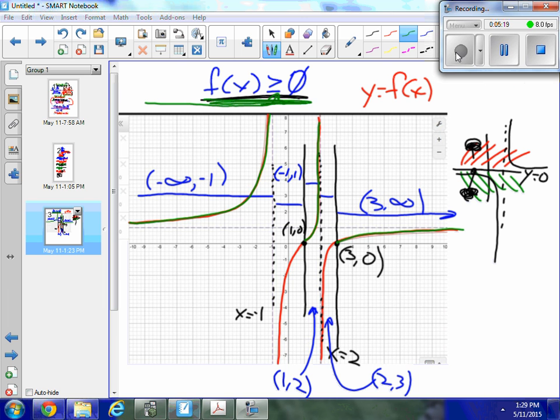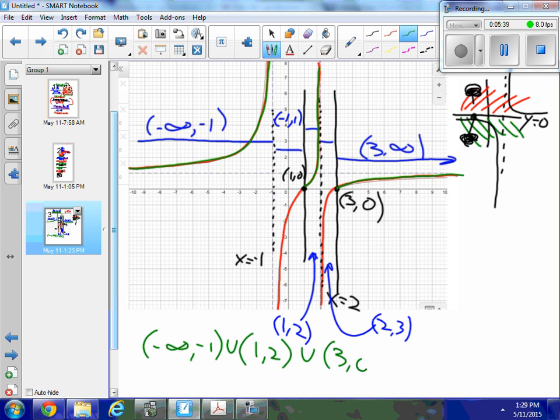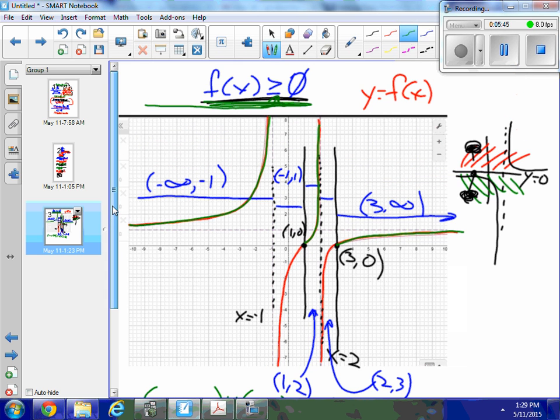So the answer to this problem is negative infinity to negative 1, union 1 to 2, union 3 to infinity. Those are the intervals for which f of x is greater than 0.